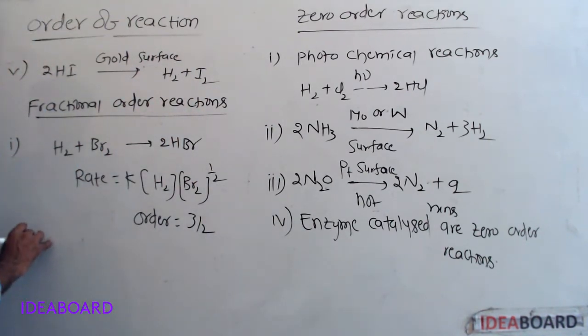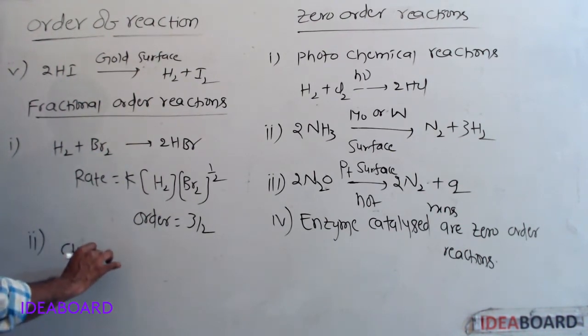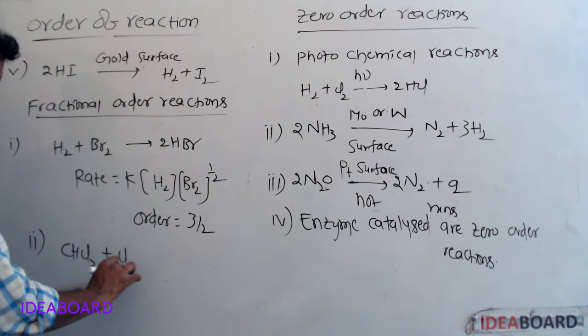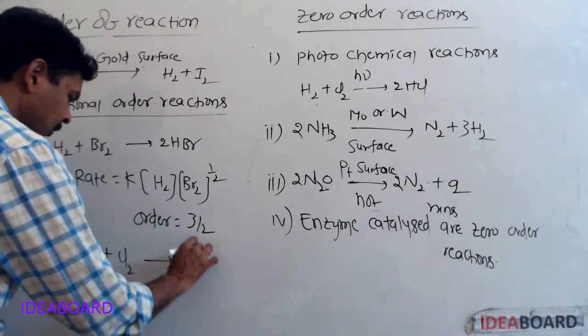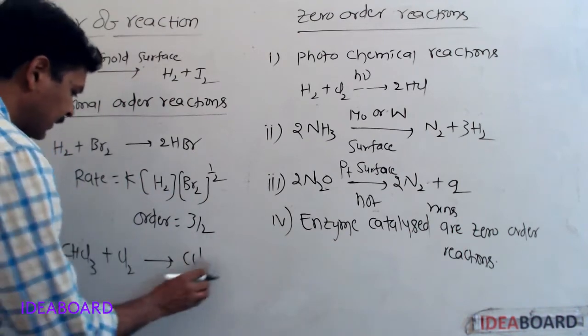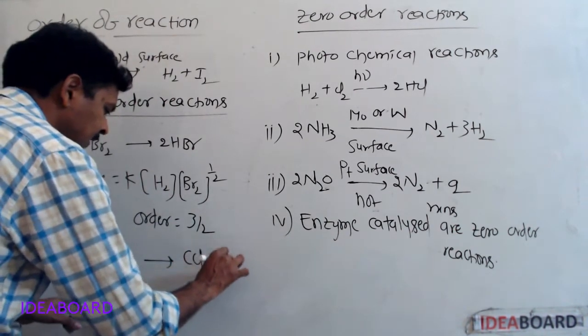Next, one more example. CHCl3, chloroform, in the presence of chlorine, CCl4, carbon tetrachloride, plus HCl are formed.